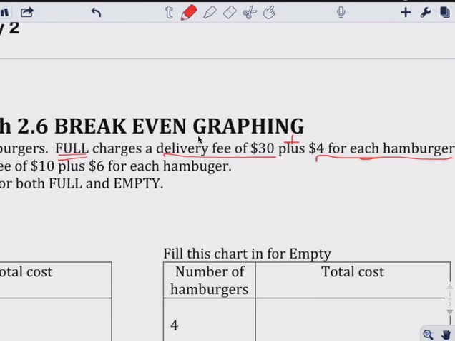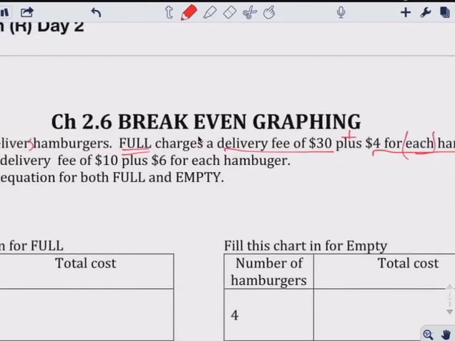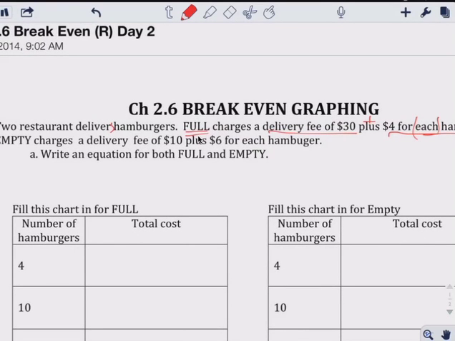Now, what does each mean in math? For each, what operation is it? Same thing as per, it means what? Multiply. So Empty charges a delivery fee of $10 plus $6 for each.